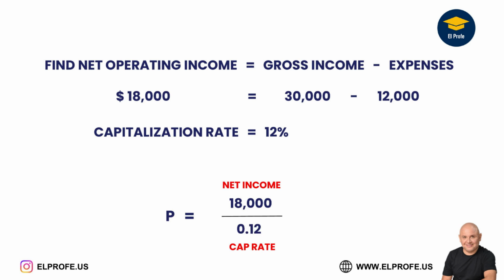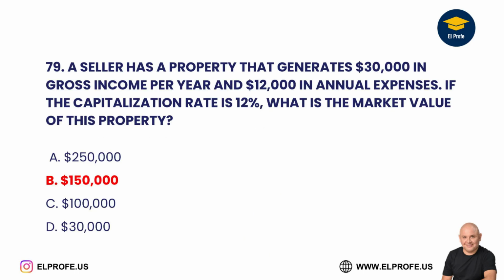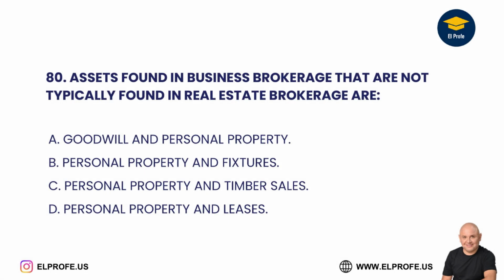Whenever a percentage, like the 12% here, is going to be used in a fraction, you must convert it to a decimal. I repeat, whenever a percentage needs to be included in a formula, you must convert it to a decimal. So, when you divide this, what do you get? $150,000.